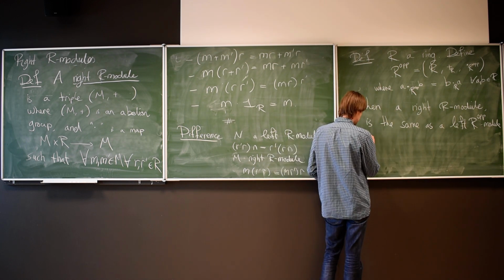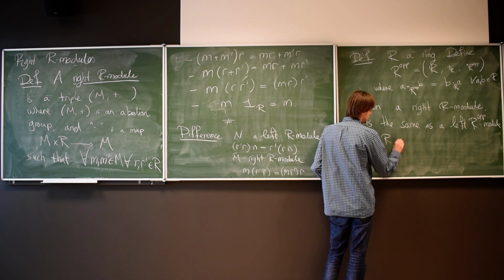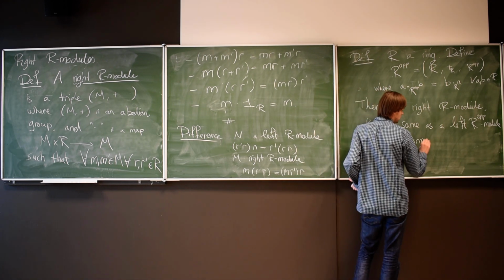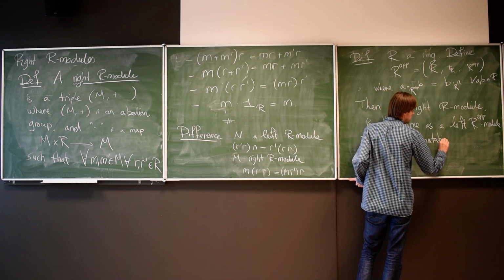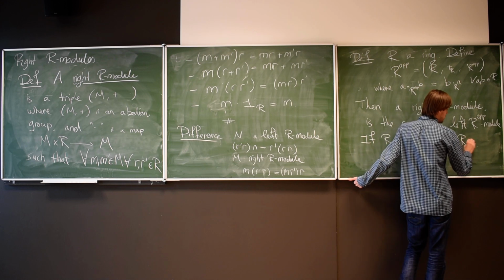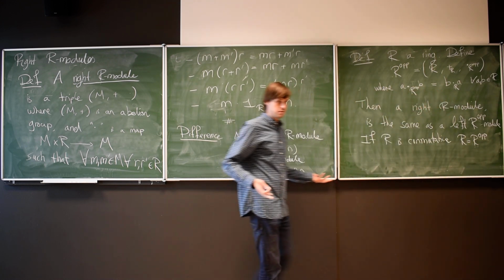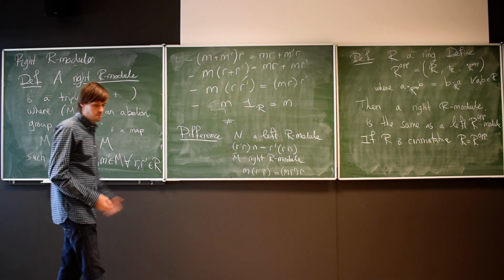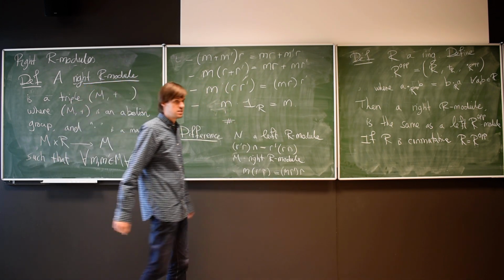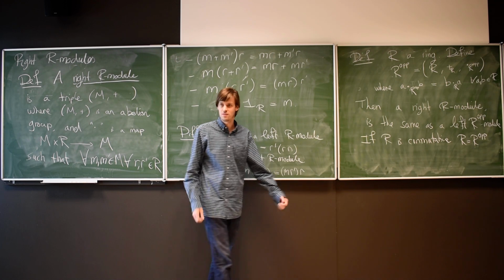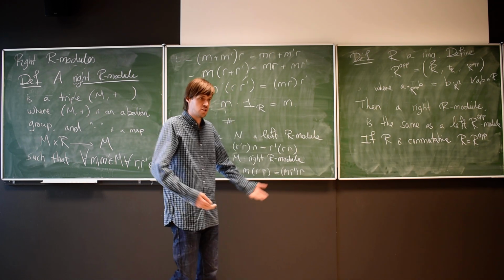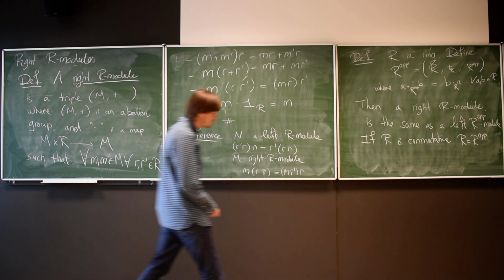So of course, if R is commutative, then R is R op. So there is no difference. So this is why when you did vector spaces, nobody ever talked about left and right vector spaces. It's just because it's the same thing.